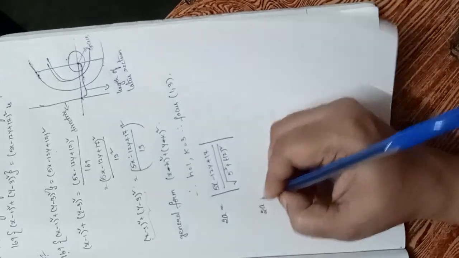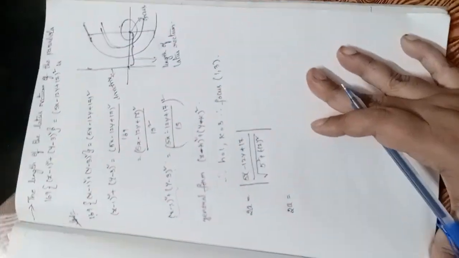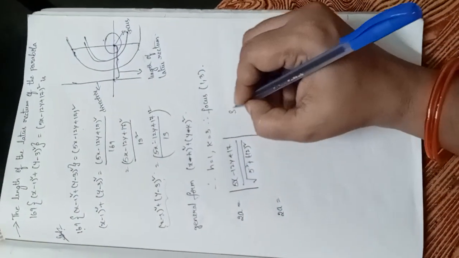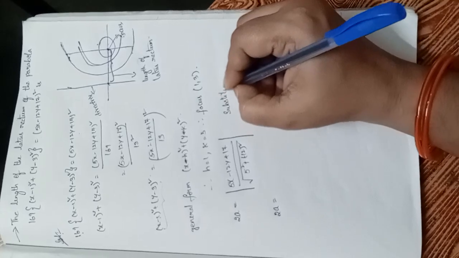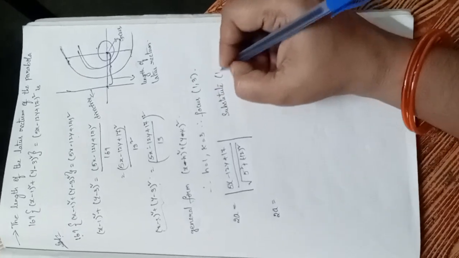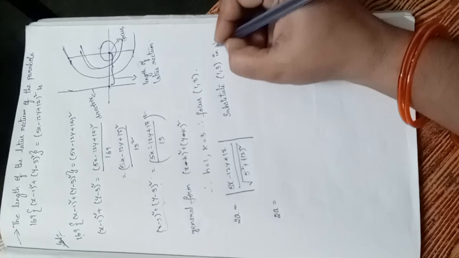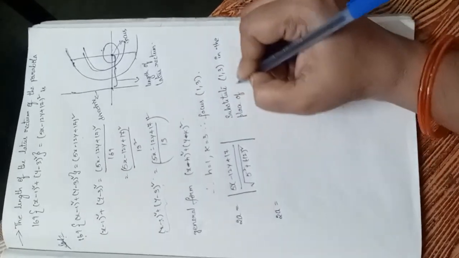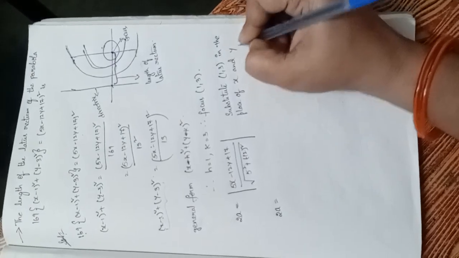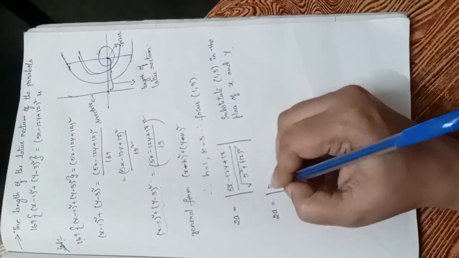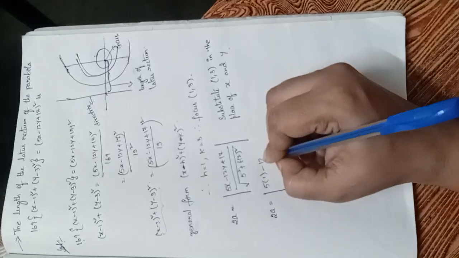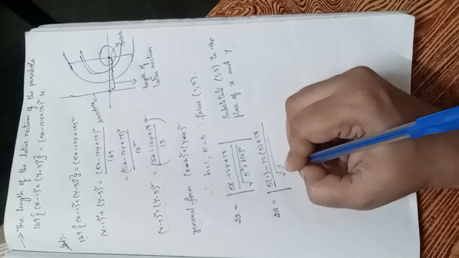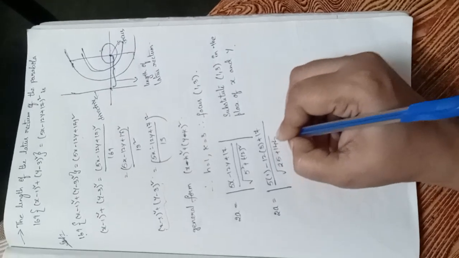So 2a is equal to, substituting (1, 3) in place of x and y, mod of (5 into 1 minus 12 into 3 plus 17) by root of (25 plus 144), right?